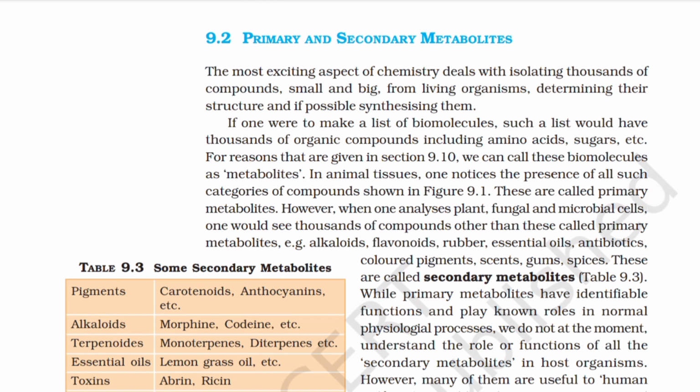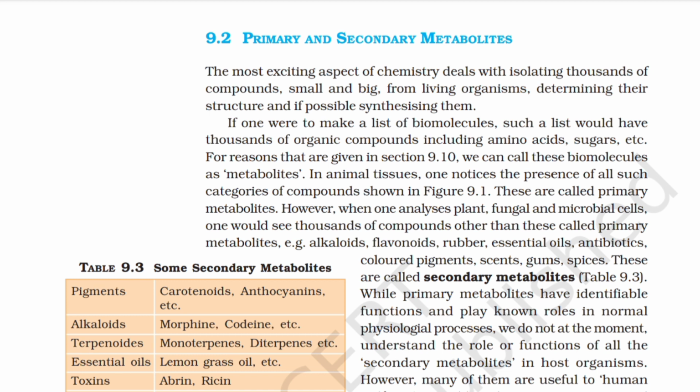Primary and secondary metabolites. The most exciting aspect of chemistry deals with isolating thousands of compounds, small and big, from living organisms, determining their structure and, if possible, synthesizing them.